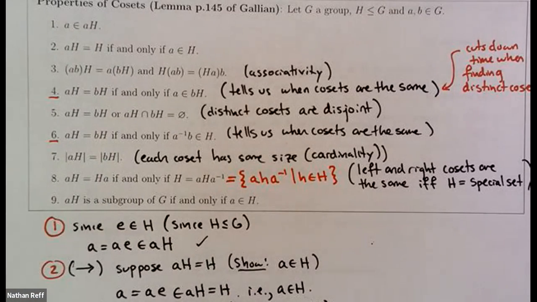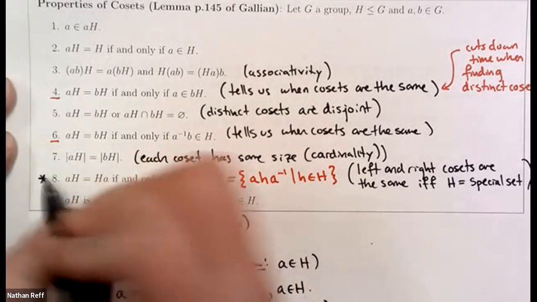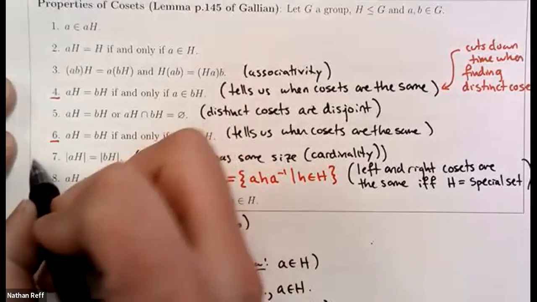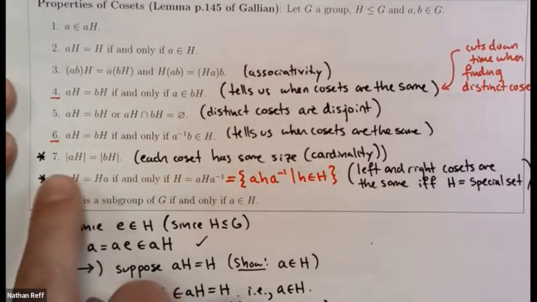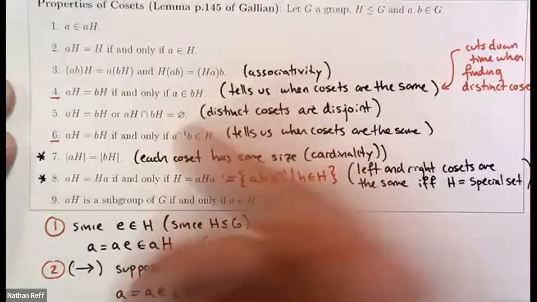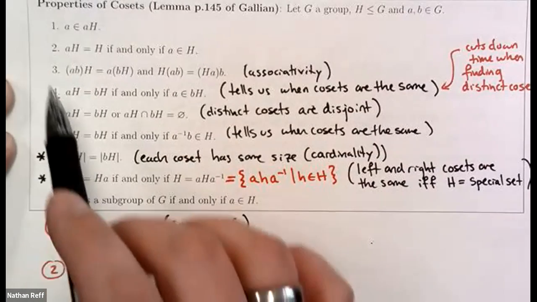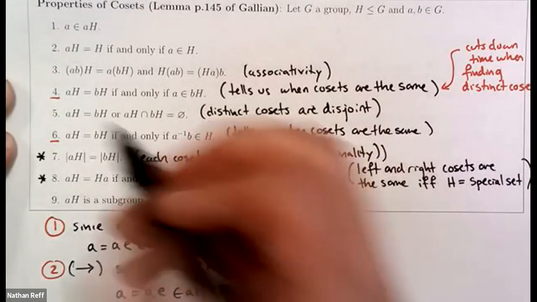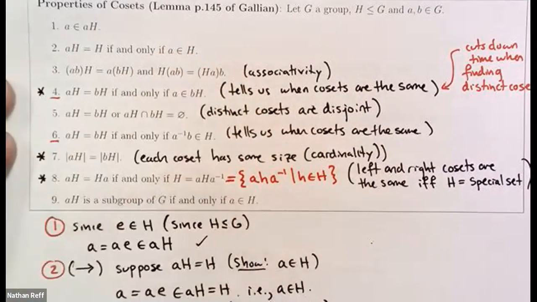So we will use 8 again, but not until later, and we'll come back to why in the world you would care about such a situation. 7 we're about to use for the results on the next page, and then you'll probably not think about that again. 4 is useful in terms of computing these distinct cosets. So 4 is pretty useful too.